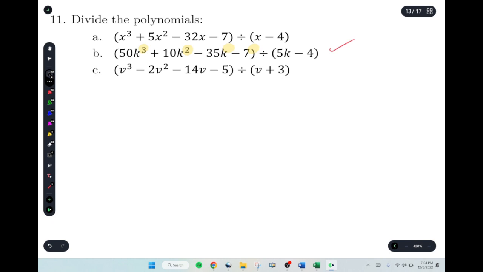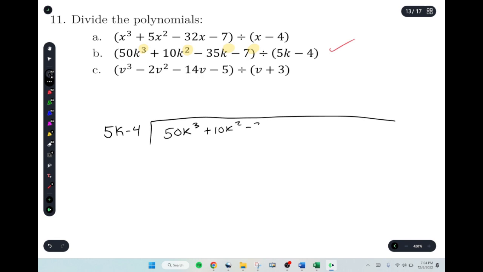So now we just jump right to it and go 5k minus 4, big old division sign, 50k cubed plus 10k squared minus 35k minus 7. Oh, about to die. Any ideas as to what number might work?